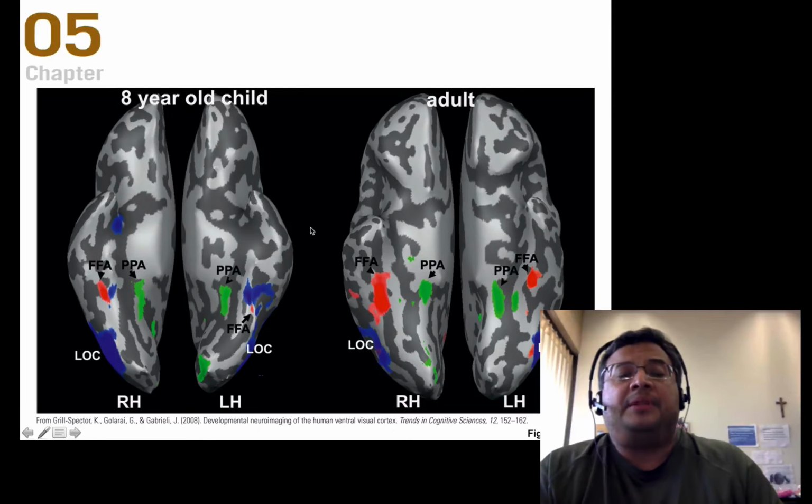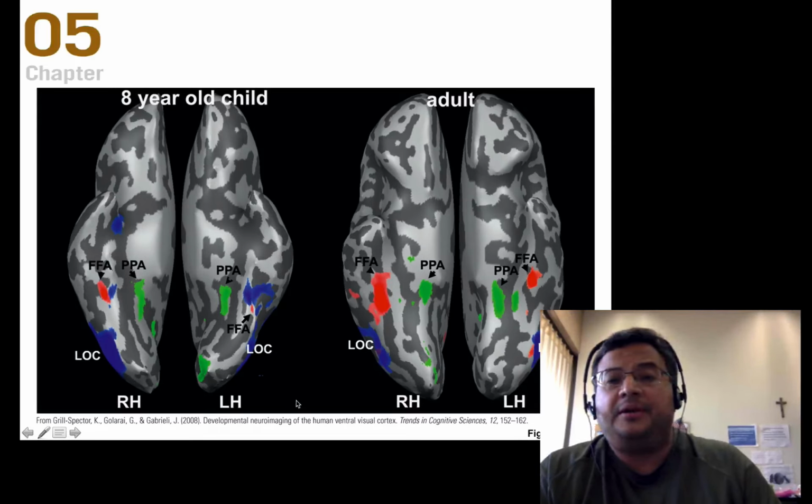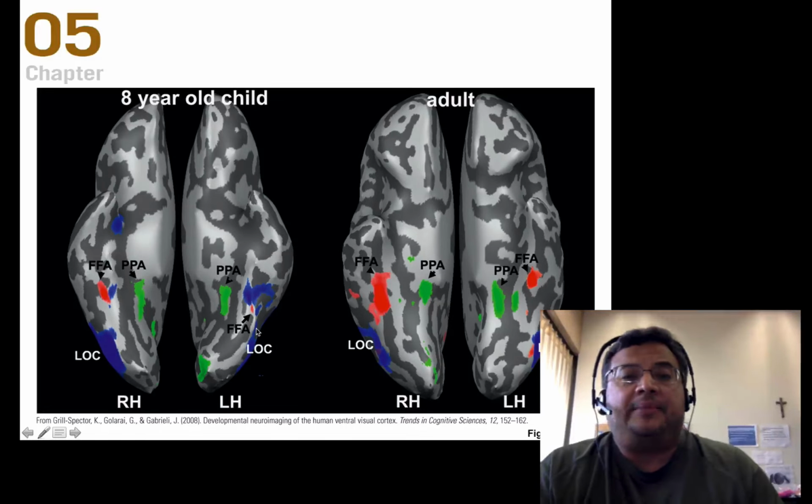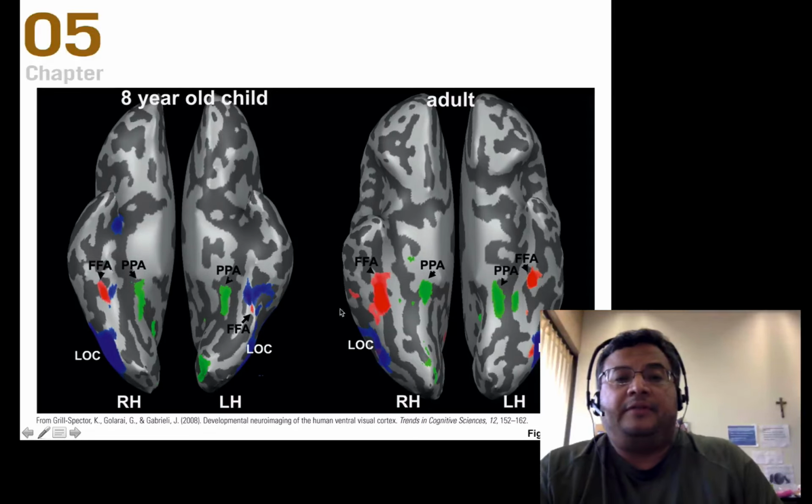If we look at the MRI images of a child brain versus an adult brain, we see these side-by-side views, right? We see the fusiform area of a child and then the fusiform area of an adult, right? The parietal area here, and the fusiform face area here in the adult.